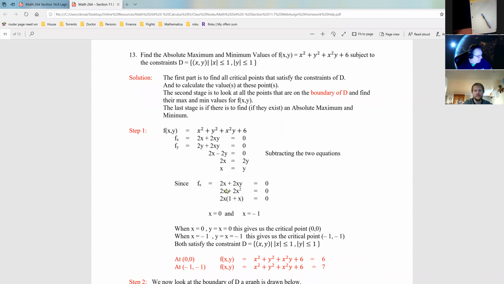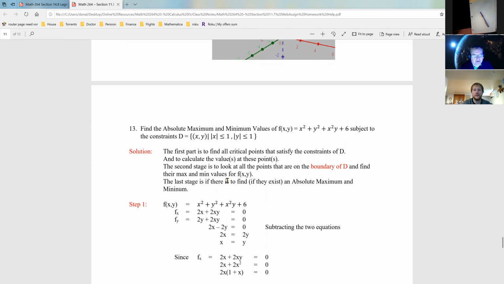And the question you're talking about, I believe, is this one here, right? Yep. So let me talk through this question. Although all the details are here, I'll try and give you. Essentially, you've got a function which you're going to find the absolute max and min for, and it's under certain constraints.